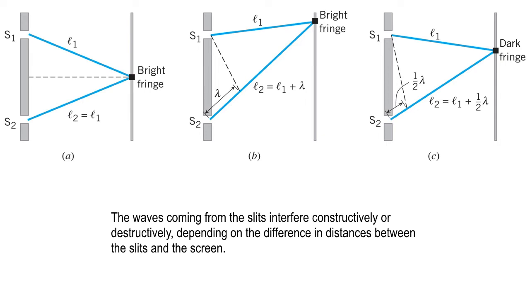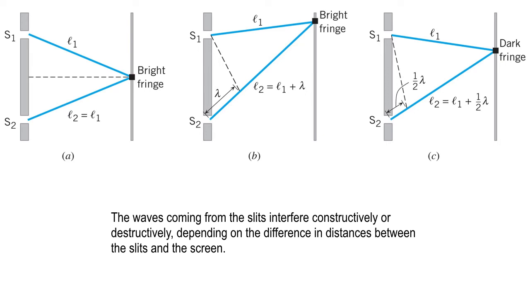Right now, if you go up here a little bit above that, okay, so your center line's right through here, but if you go a little bit above that, now the difference is this little line segment right here between this dashed line that goes from S2 down to this blue line.